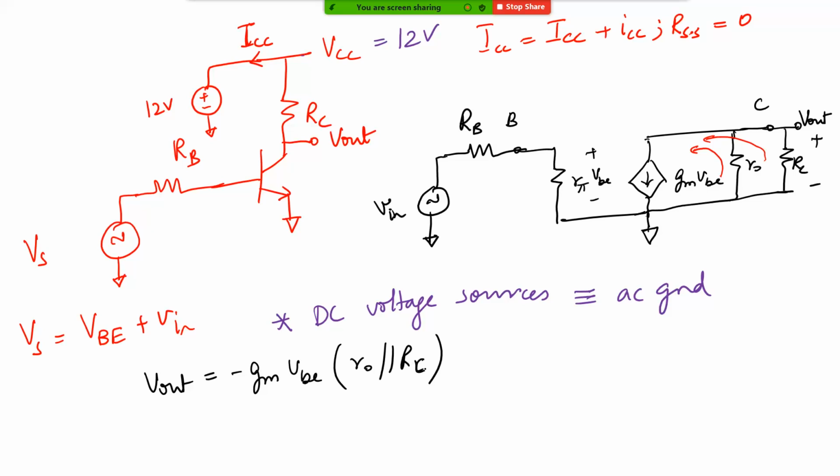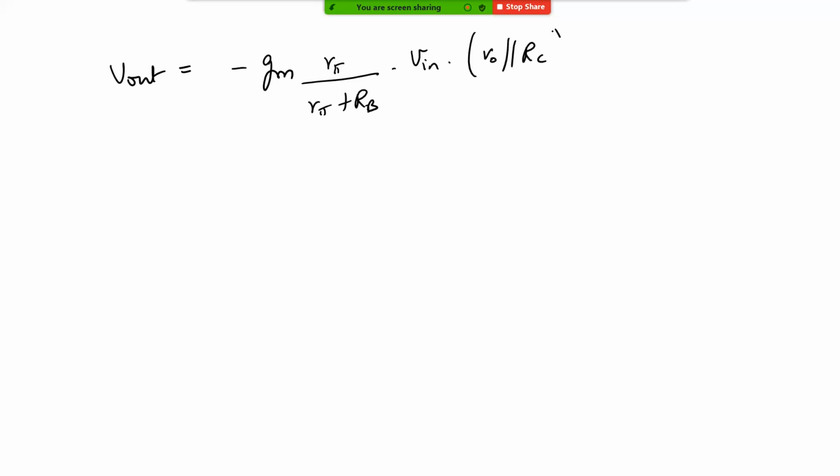Okay. All right. Now what is VBE? VBE can be written as Vn times R pi divided by RB plus R pi. So we can substitute: V out can be written as minus Gm times R pi divided by R pi plus RB into Vn into R naught parallel to RC.